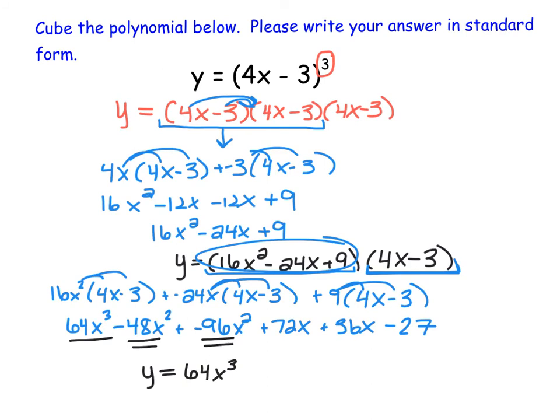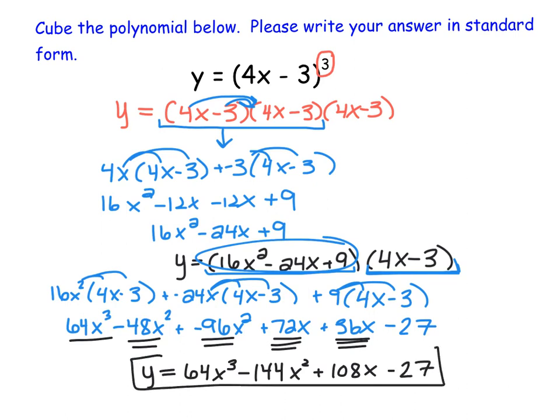We have negative 48 and a negative 96, so that becomes a negative 144x squared. We then have our x's, so 72 plus 36 becomes a positive 108x, and we finally end with the 27 on the end, so we have minus 27.